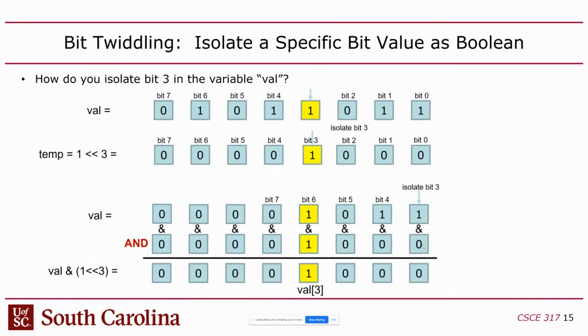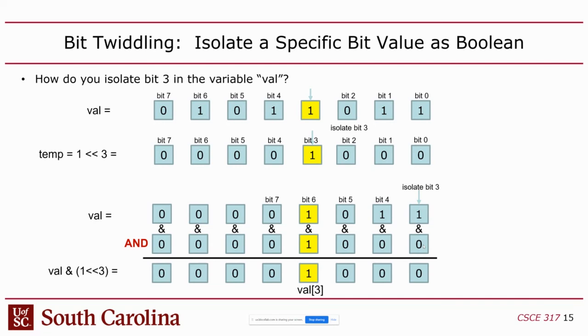The original bit 3 value will then end up isolated among zeros in bit 3 of the result. So it's kind of the same thing, except it just leaves bit 3 in bit 3.